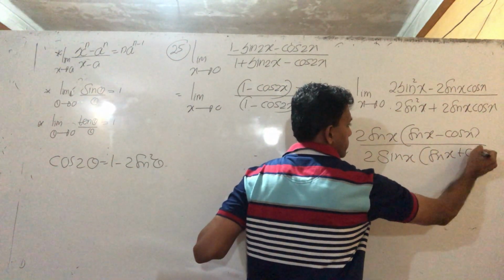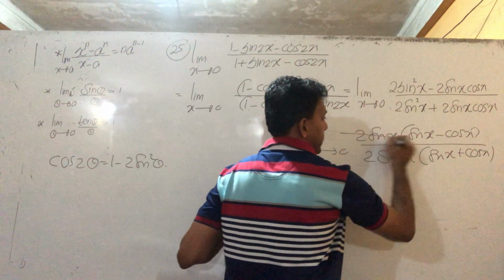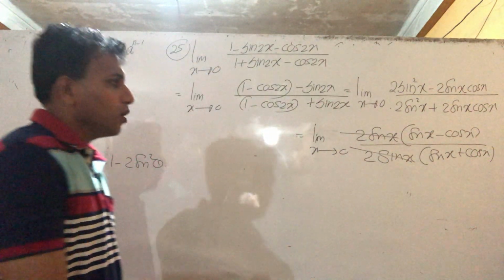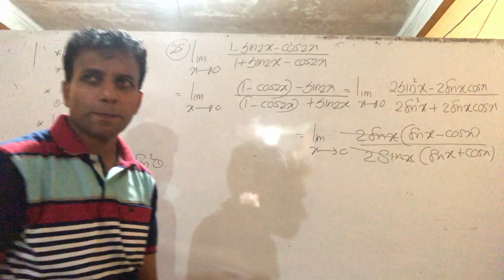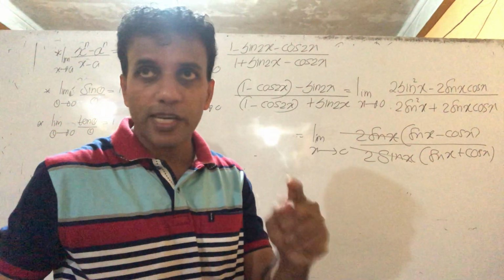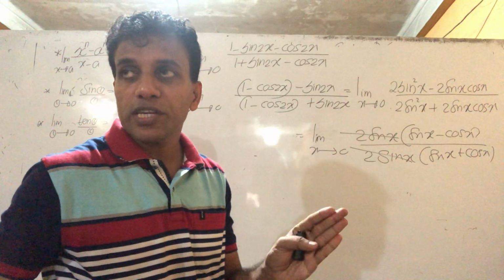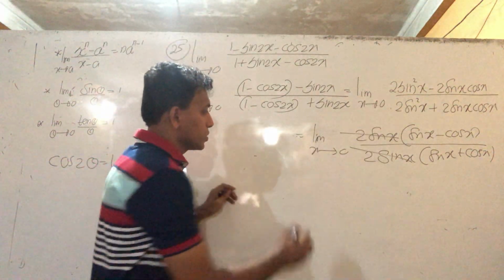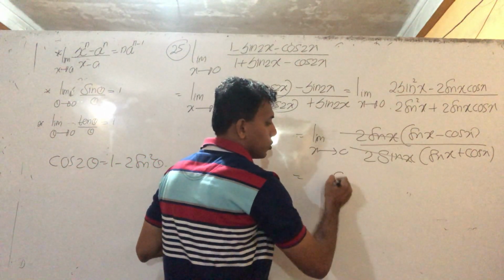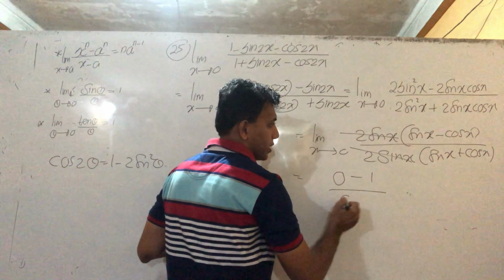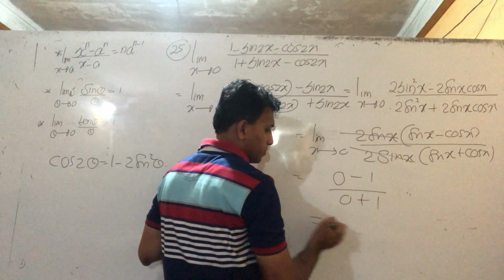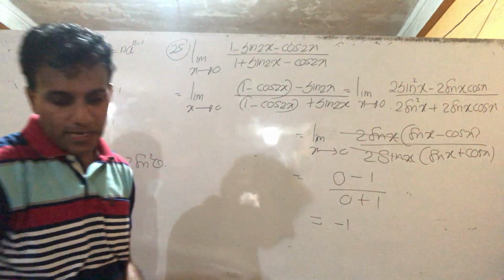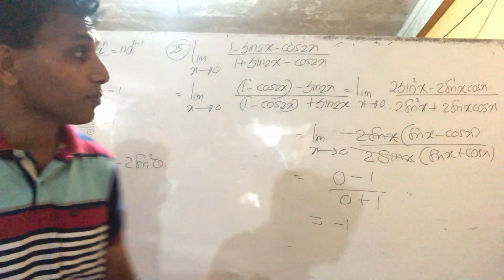This cancels. Now we put x equals 0. The problem is 0 over 0, meaningless, or infinity over infinity, meaningless. So put x as 0: sine 0 is 0, cos 0 is 1, sine 0 is 0, cos 0 is 1, so the answer is minus 1. The limit is minus 1, right? That's the problem.